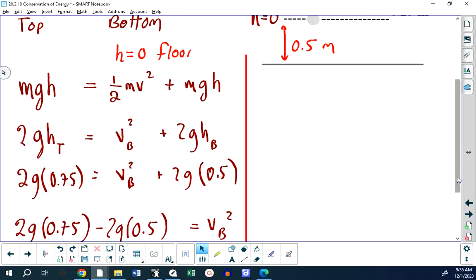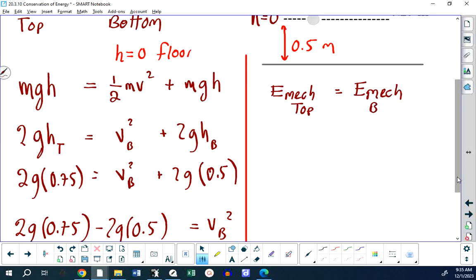That's a different question. Here you would say the mechanical energy at the top and the mechanical energy at the bottom are equal, because it doesn't mention friction, so we can't assume there's friction or outside forces. So this is going to be mgh at the top equals 1/2 mv squared at the bottom.